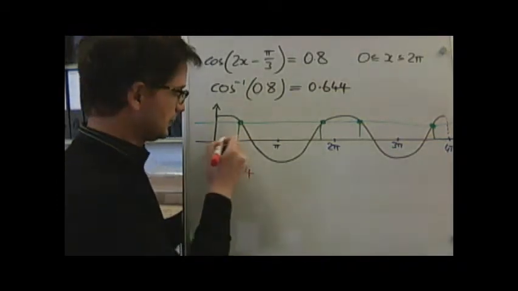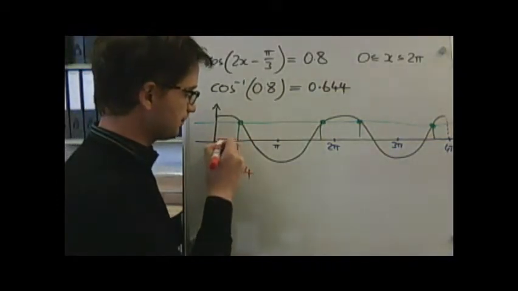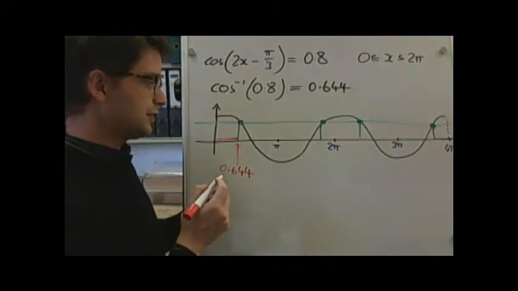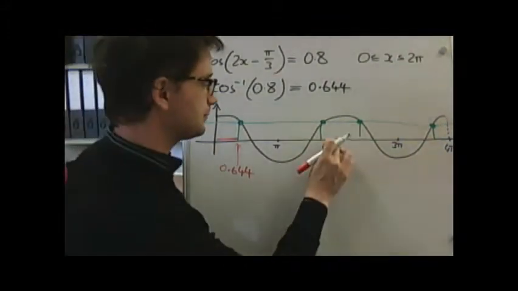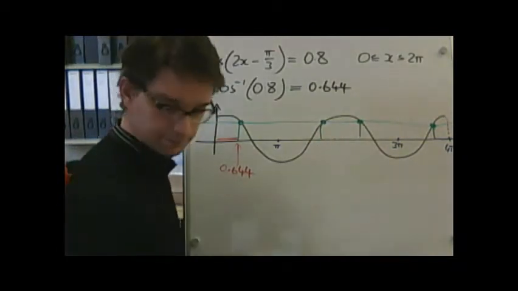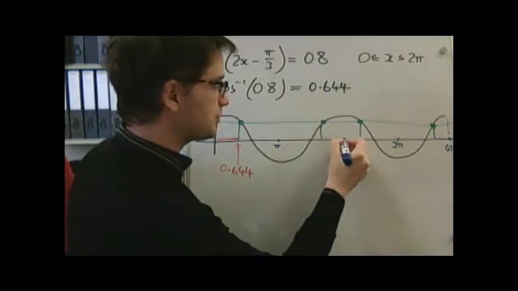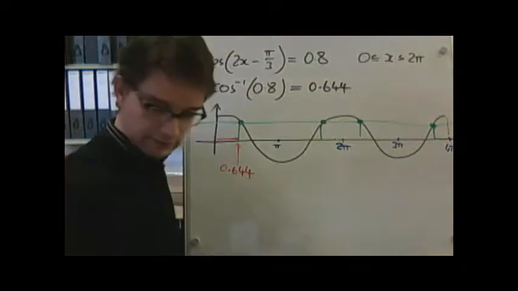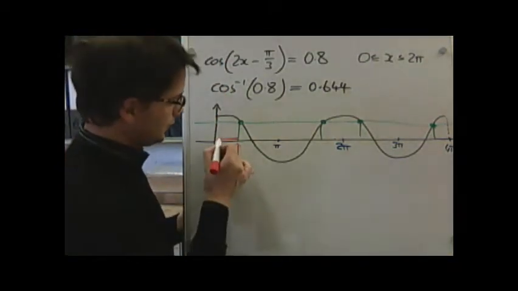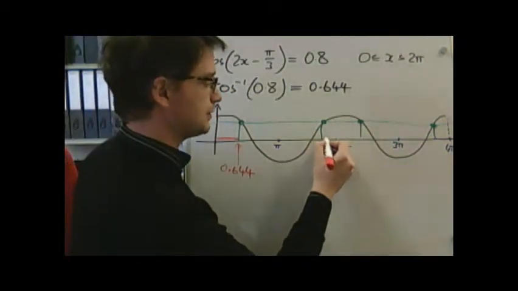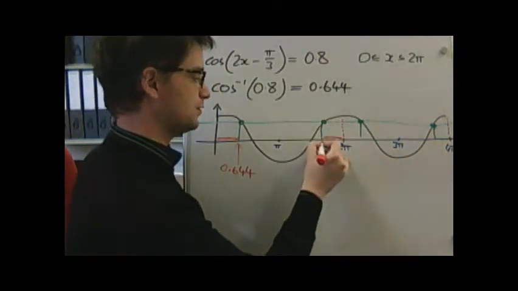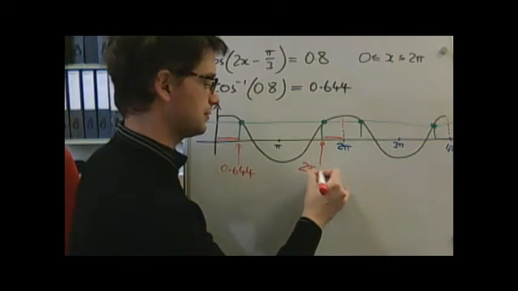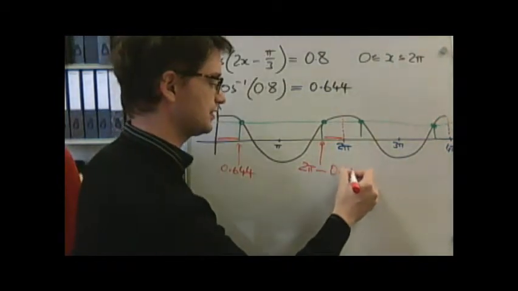Okay? And I'm going to use the symmetry of the curve. I've not drawn this very well, have I? I'll move that over a little bit probably. Because of the symmetry of the curve, this bit must be the same as this bit. So this one must be 2 pi minus 0.644.